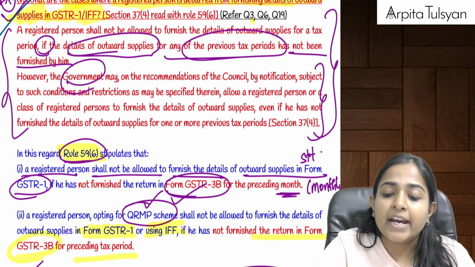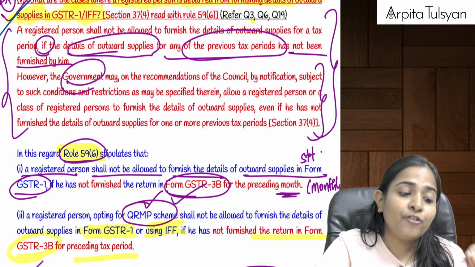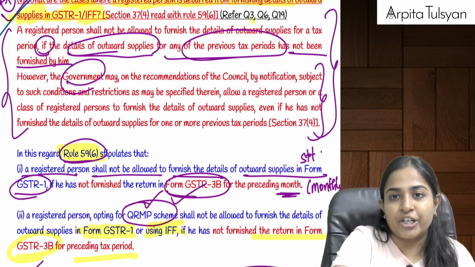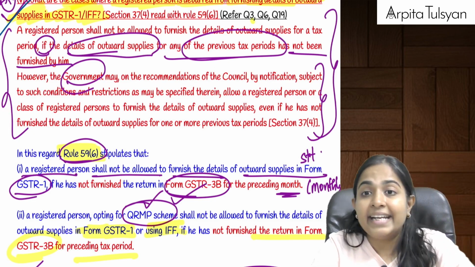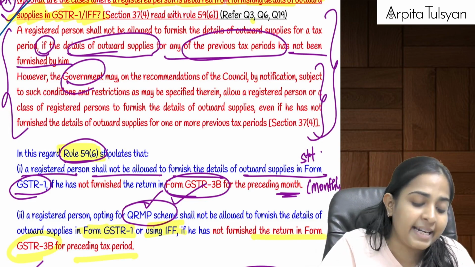Fourth one, you will not be allowed to furnish your GSTR 1 or IFF if you have been served an intimation under rule number 88D. This was a new rule which was inserted. What happened in rule number 88D?